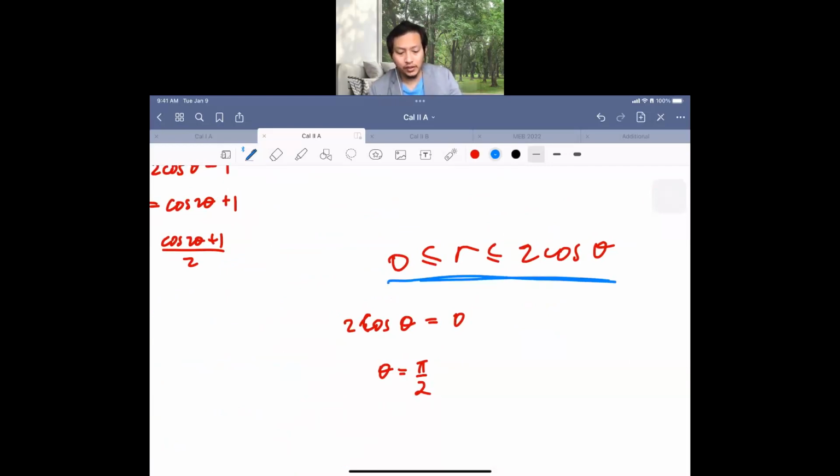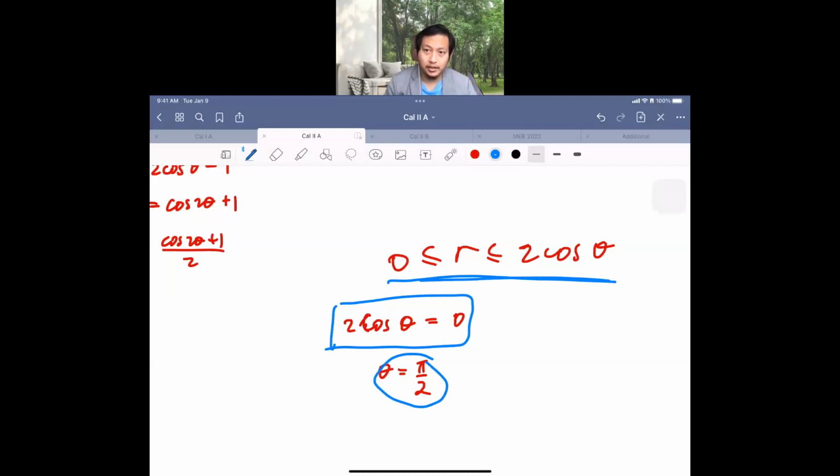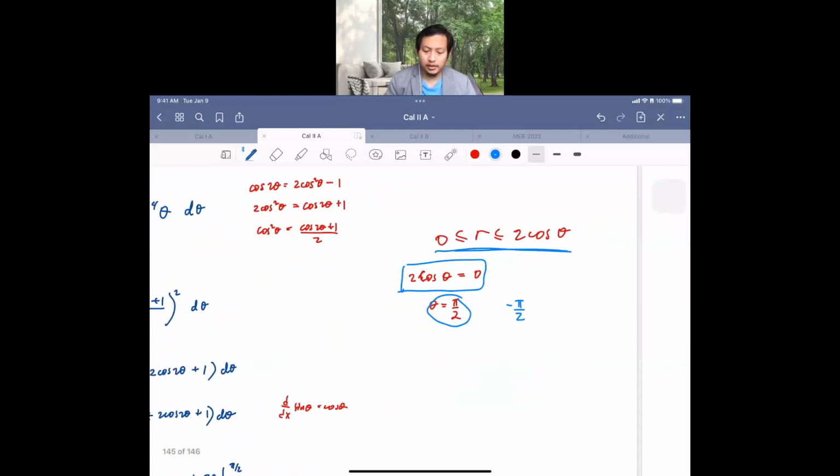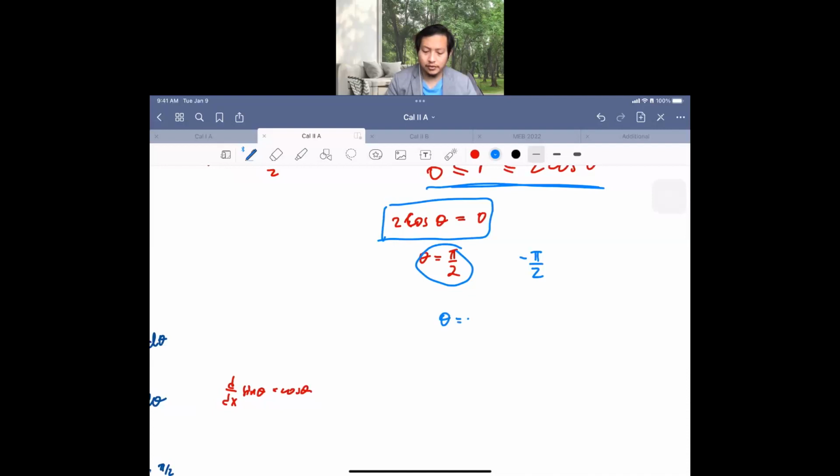Now, to determine the angle, we could start with 0. If we start with 0, one point that we get is pi over 2. To make it into a full circle, we need negative pi over 2 for the other side. If we check theta from 0 to 2 pi, this will not be at the point of our intersection.